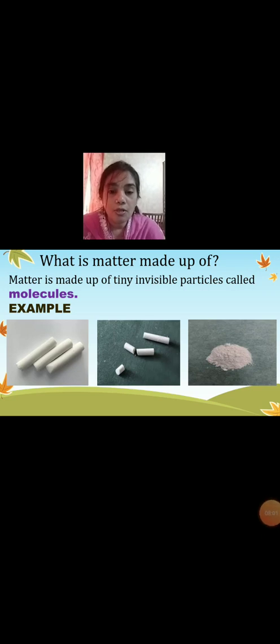So chalk, we can break it into pieces, and further we can make it into powder, and further the scientists make it into tiny millions of particles, that are called molecules.